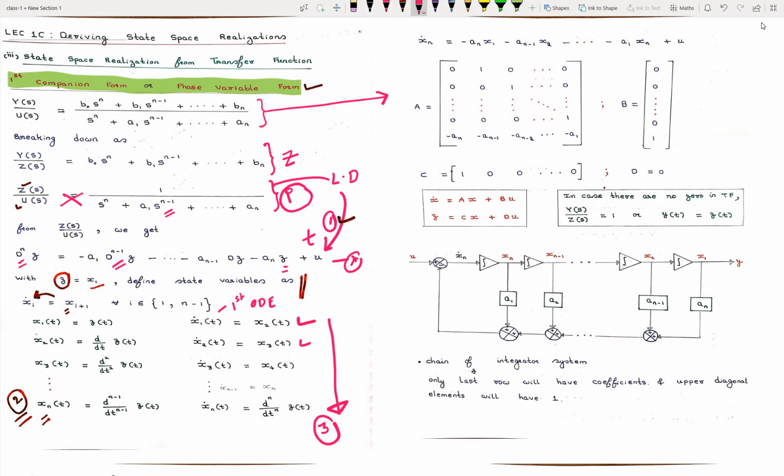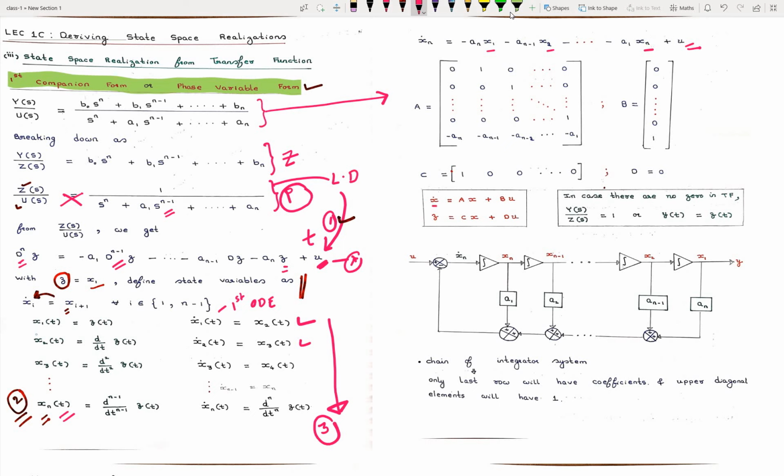When we have z, we replace it with x1. When we have the derivative of z, x2. When we have the n minus 1 derivative of z, we replace it with xn. So xn dot, with all the derivative terms replaced with x1, x2, and xn, and the same input u appears here.